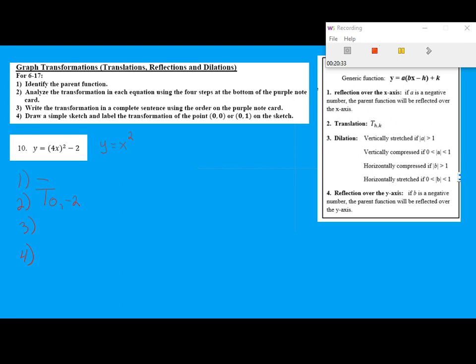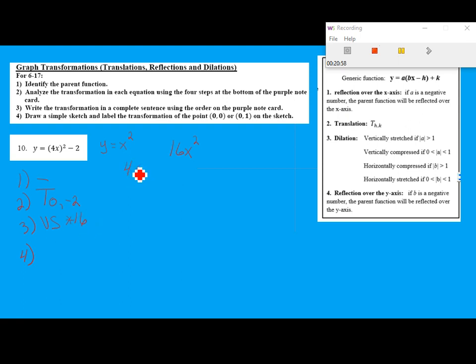Now you can call this one two different ways. You've got to be careful though. 4x quantity squared really simplifies to be 16x squared. So you could say one thing, that this has been vertically stretched by a factor of 16.